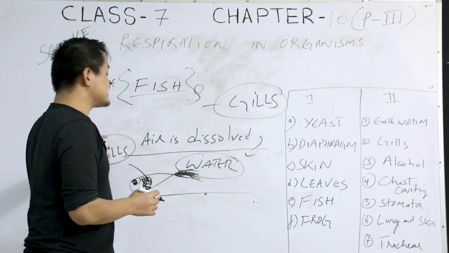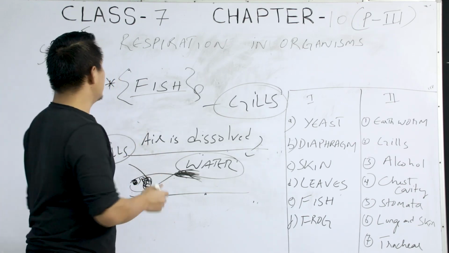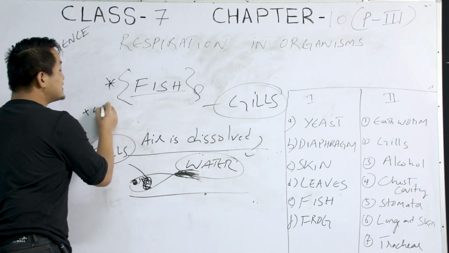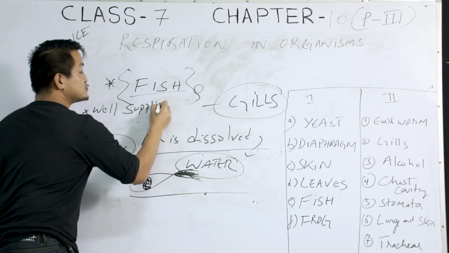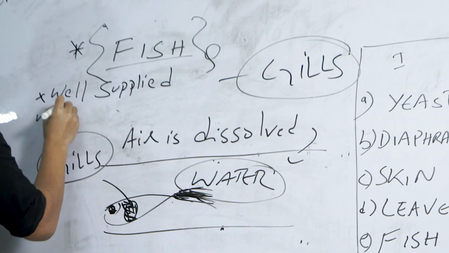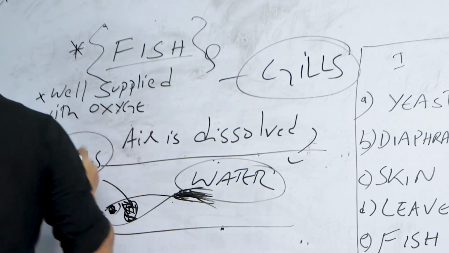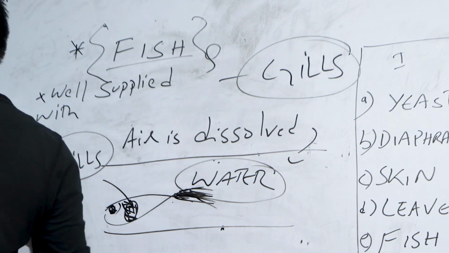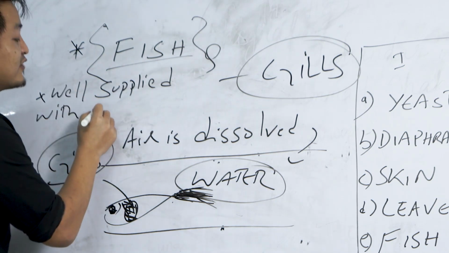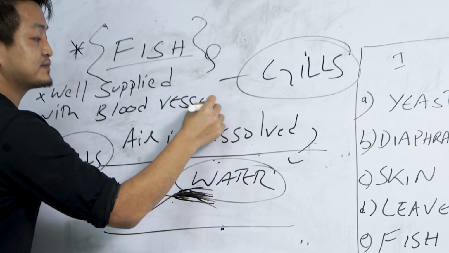The gills are a very important part of the fish. The gills are well supplied with blood vessels.